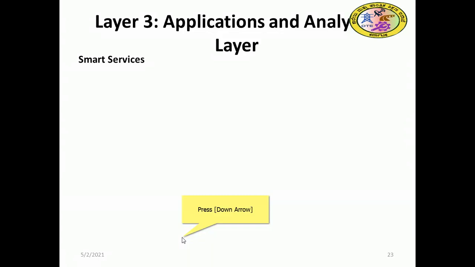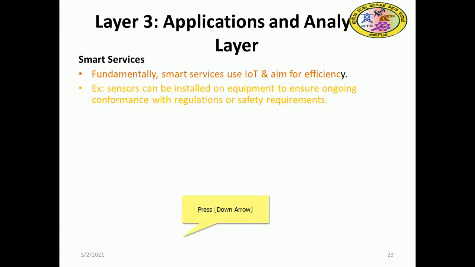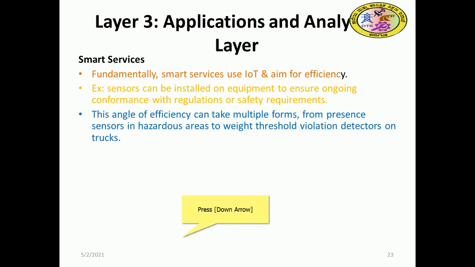Fundamentally, smart services use IoT and aim for efficiency. That is a major criterion. Sensors can be installed on equipment to understand ongoing conformance with the regulations and or safety requirements.